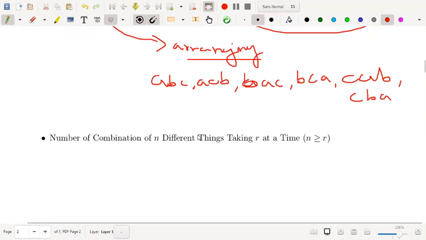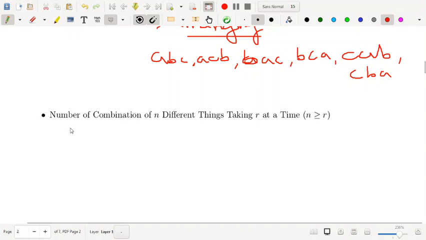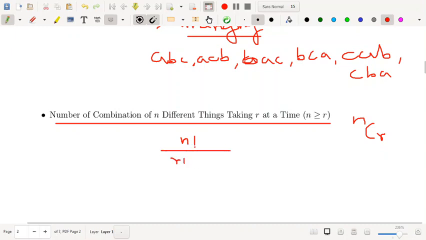So now I will discuss the formula and some important properties. The number of combinations of n different things taken r at a time is given by nCr. The notation is nCr, and that is given by factorial n by factorial r into factorial n minus r.